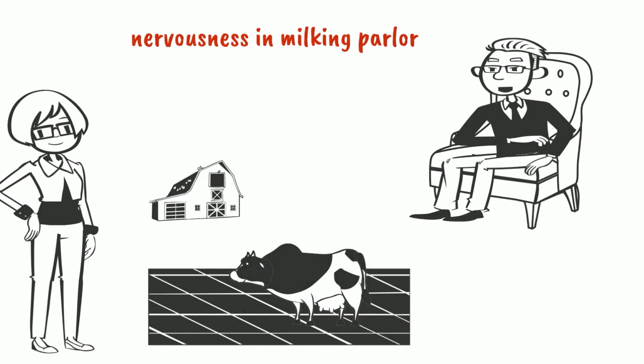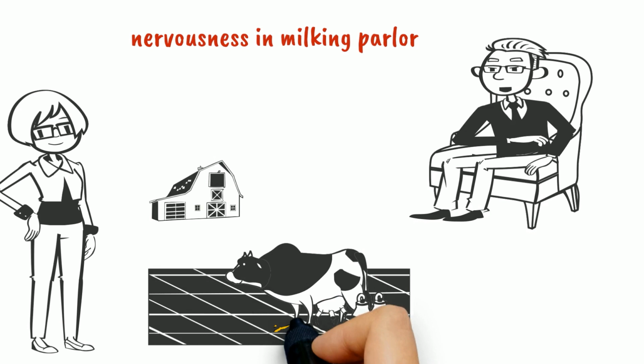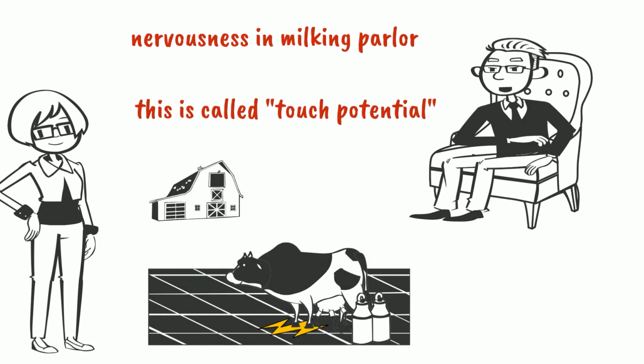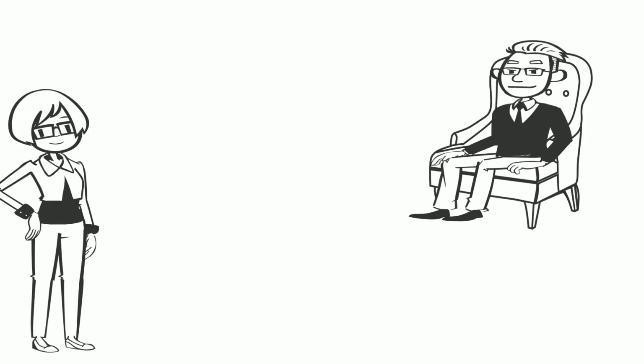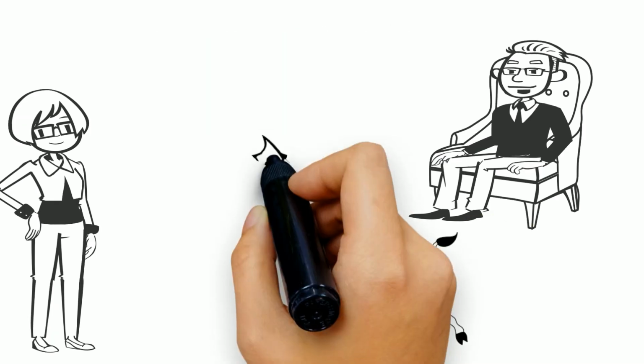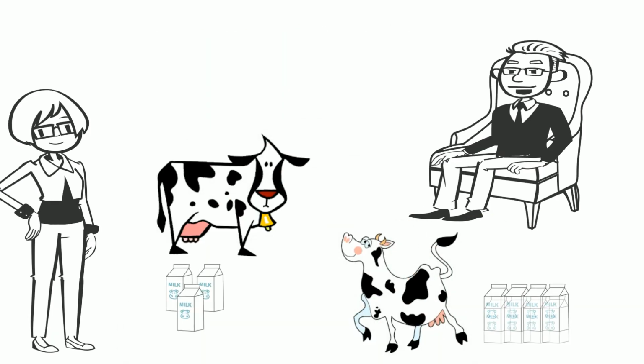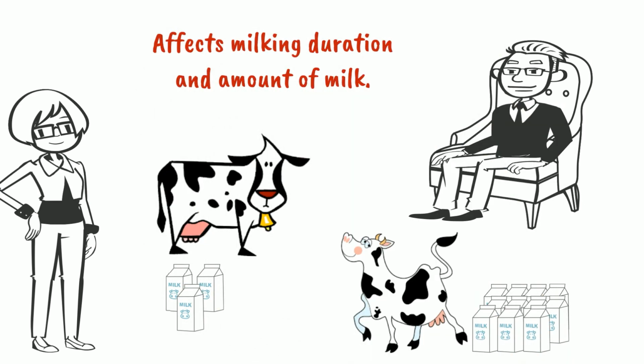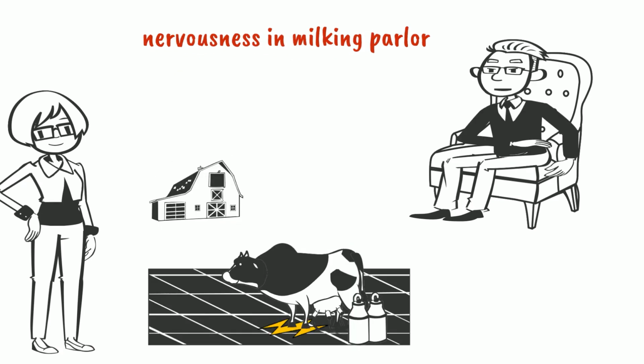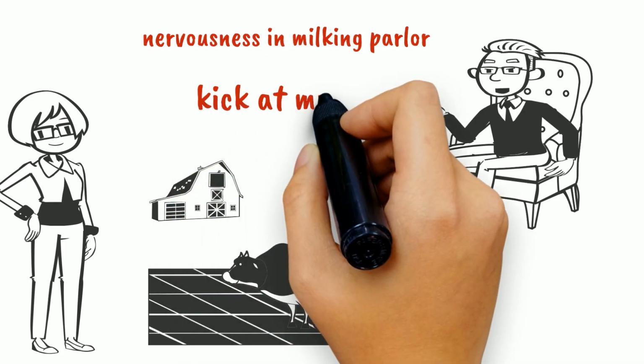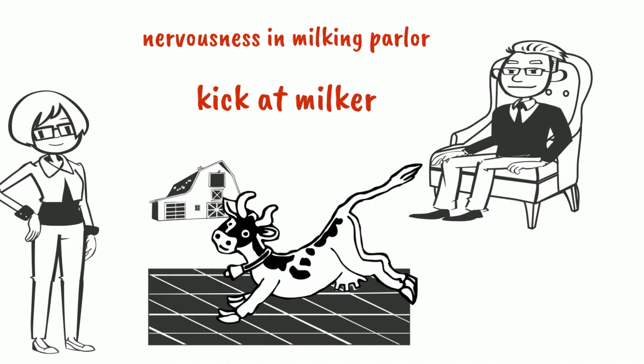Once she is in the milking parlor, she should be fine, until they attach the milking machine to her udder. Once again she can receive a shock, and the udders are very sensitive. How comfortable a cow is in the milking parlor will determine how quickly she lets down her milk, but we'll talk about that later. If she continues to get shocks, she may kick at the milker.